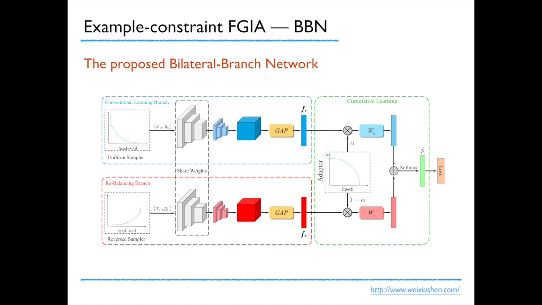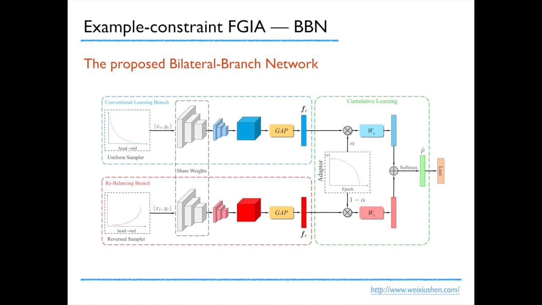It wants to learn universal patterns of the original long-tail distribution. And the other branch is a rebalancing branch, which focuses on the tail data. Our BBN model aims to take care of both representation learning and classifier learning simultaneously, where each branch performs its own duty separately.